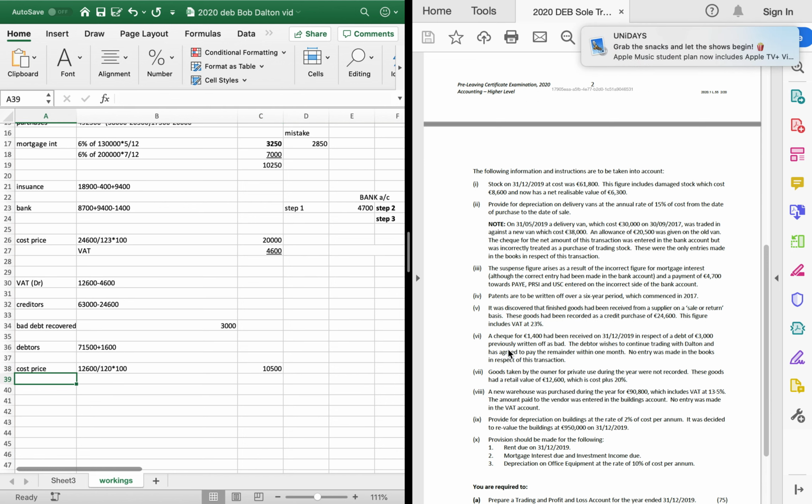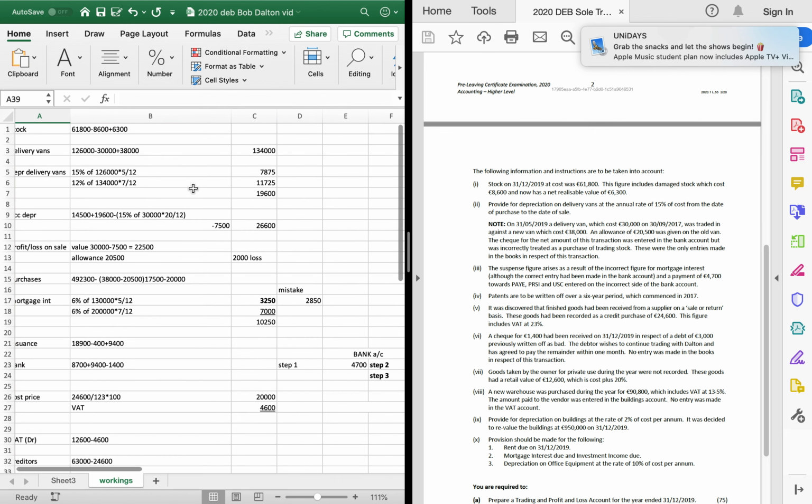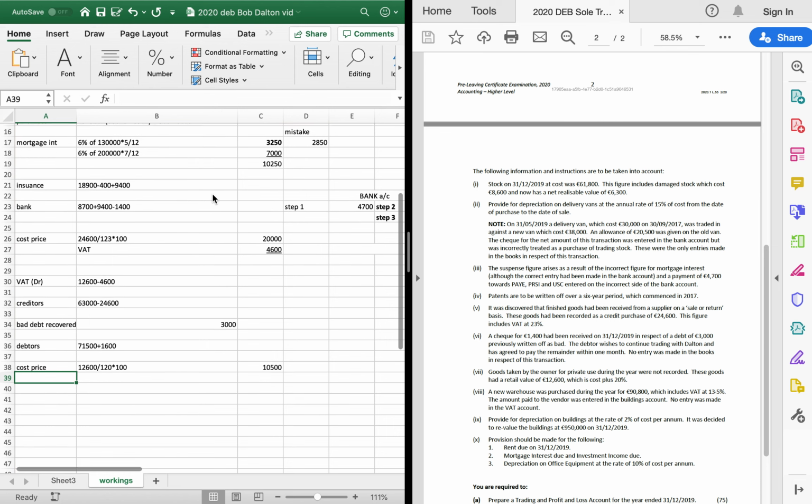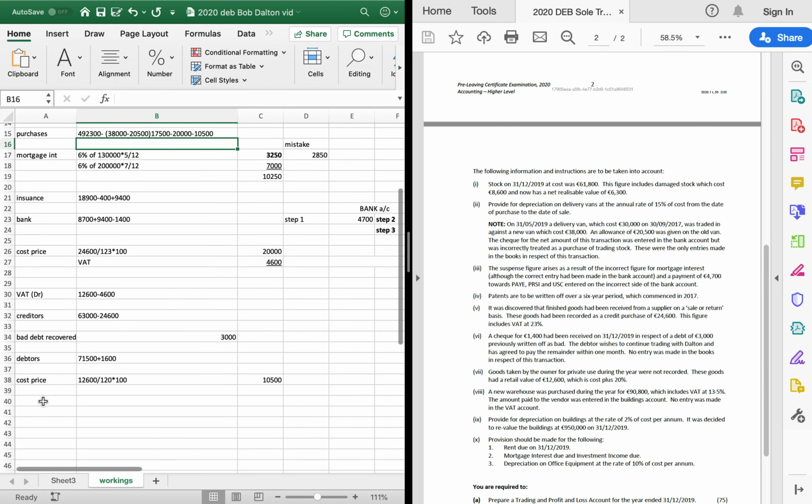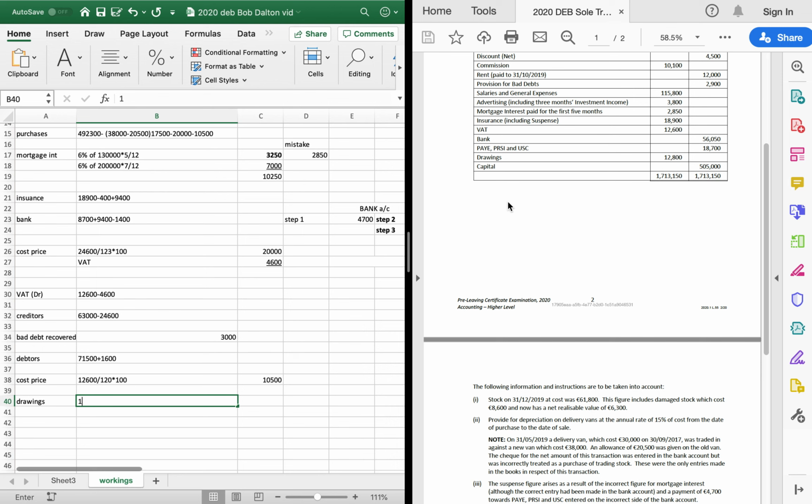That gets its stock drawings. So we're taking the 10,500 from purchases, and we're going to add that 10,500 onto drawings. So drawings started off as 12.8. We're going to add on another 10.5.